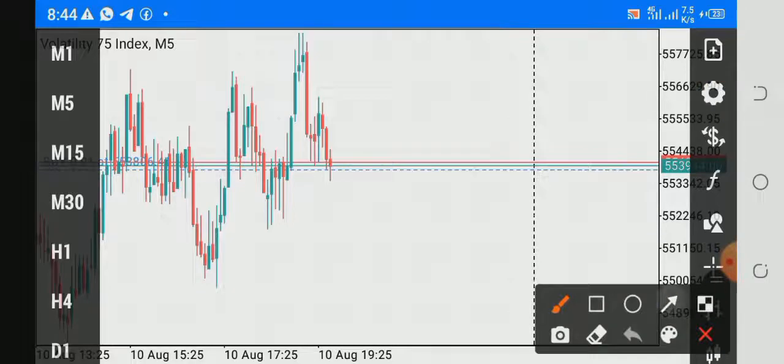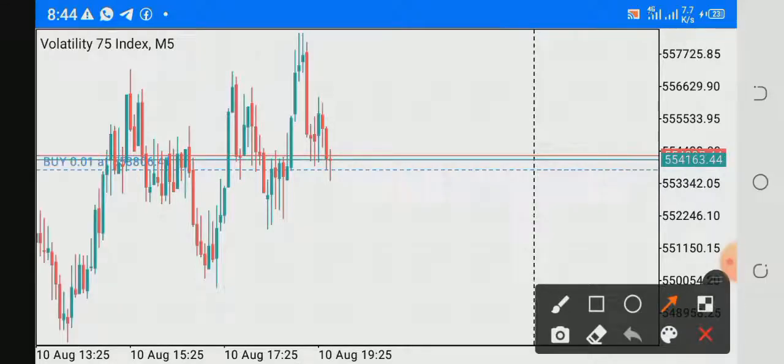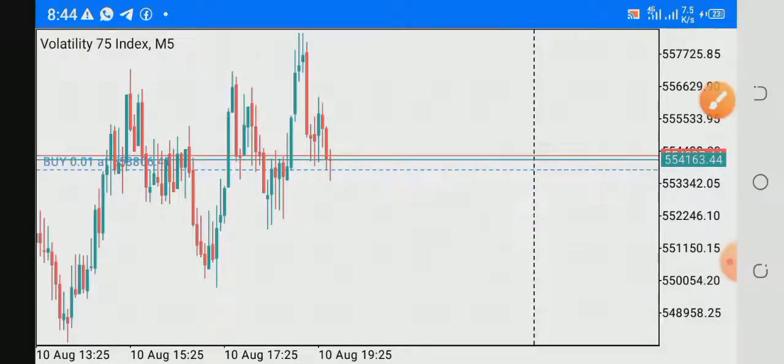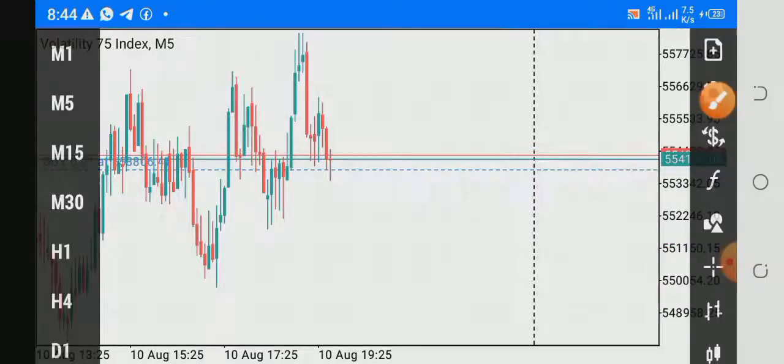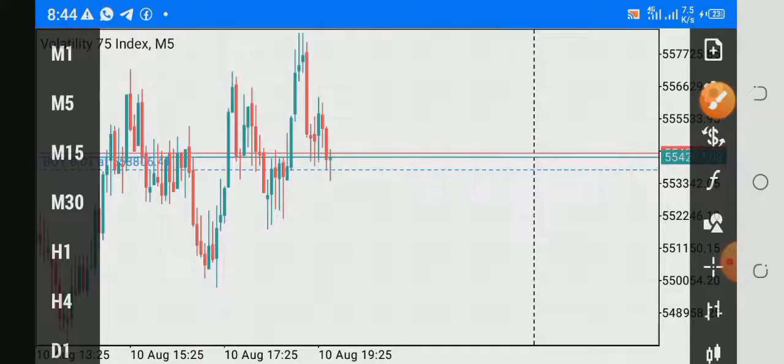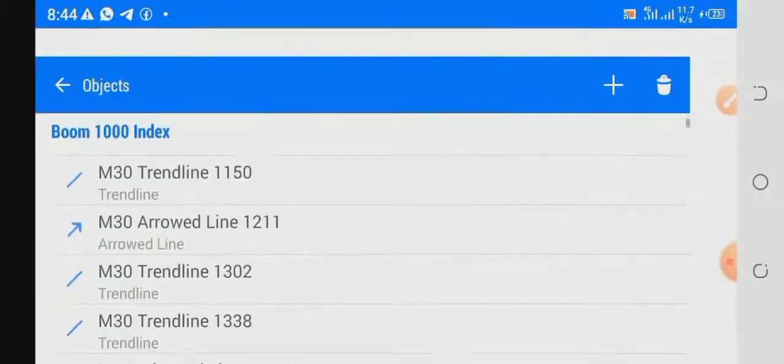All right. So for you to draw your line, maybe trend line, horizontal line, vertical line, any line you want to draw, you have to go to this icon right here, then tap on it to see your lines.